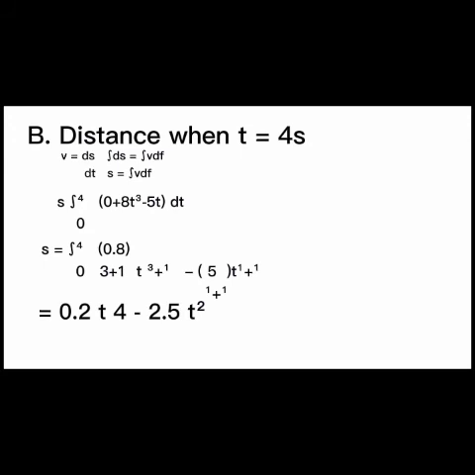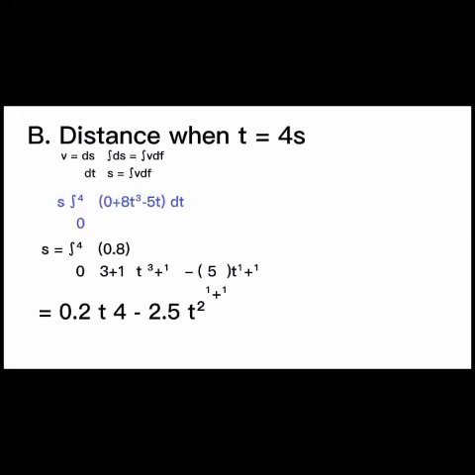We will get s is equal to integral of v dt. So the integral from 0 to 4, then the value of our v, 0.8t cubed minus 5t multiplied by dt.